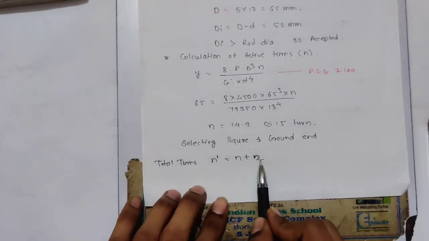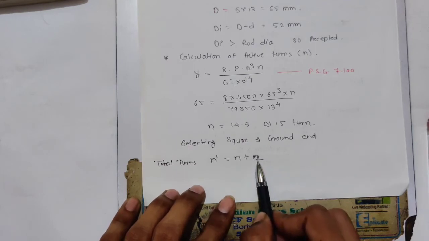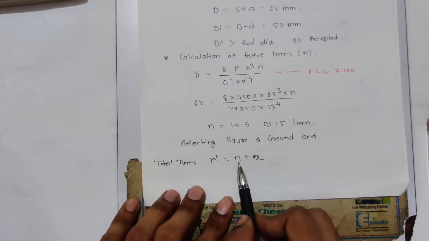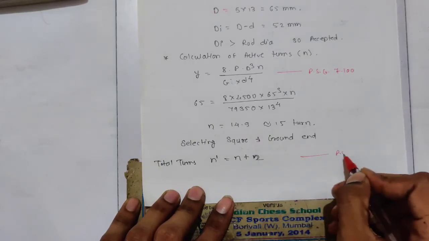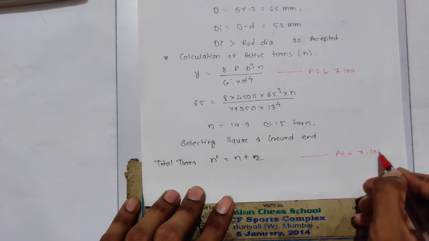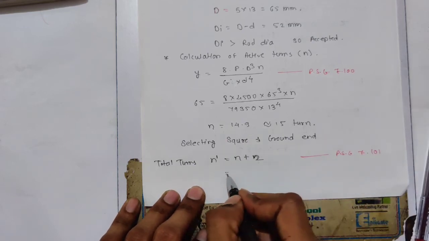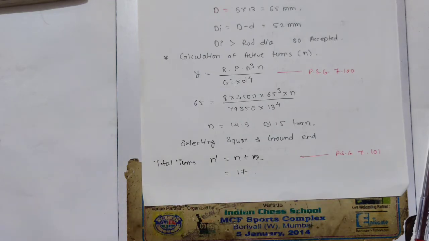These 2 turns or 2 coils will be in touch with the base, so they are inactive. And these are active turns, from PSG 7.101. So N dash is 17 turns. So we got N dash.